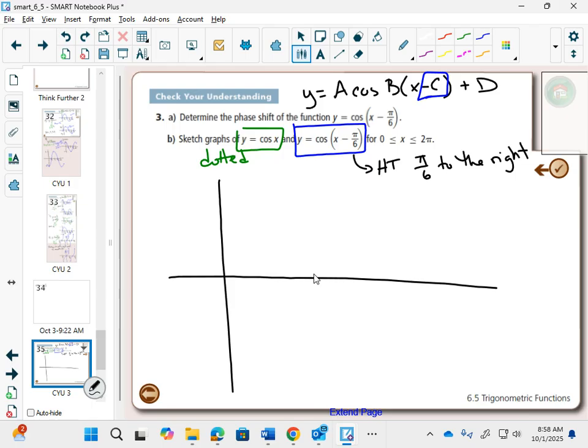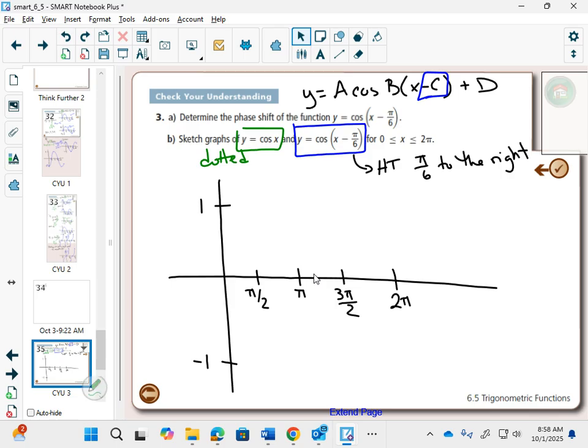So first of all, the dotted graph in green. Well, I'll label my max and my min. I'll pick somewhere along here to make 2 pi, which is the period of my regular graph, and divide it nicely into 4 equal sections, and label those 4 sections. It's a cos graph.